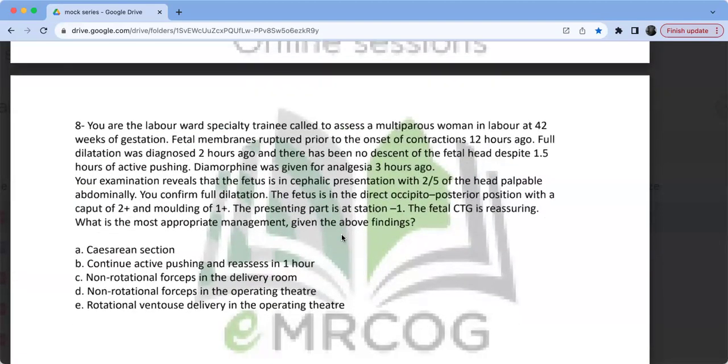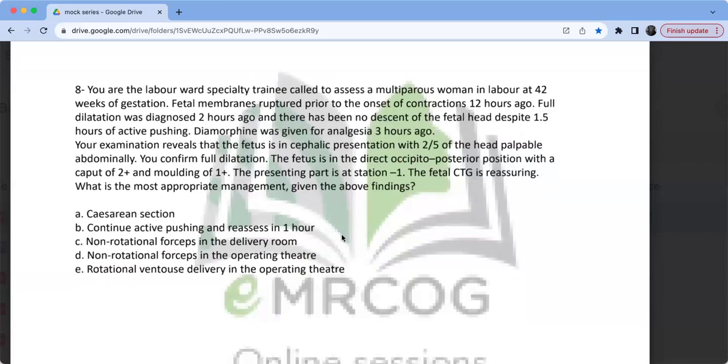Well done. You are the labor ward specialty trainee called to assess a multiparous woman in labor at 42 weeks of gestation. Fetal membrane ruptured prior to the onset of contraction 12 hours ago. Full dilatation was diagnosed 2 hours ago, and there has been no descent of the fetal head despite 1.5 hours of active pushing. The epidural has been given for analgesia 3 hours ago.